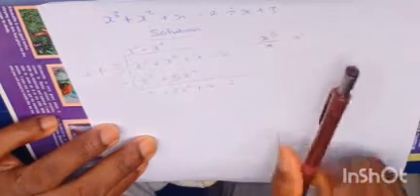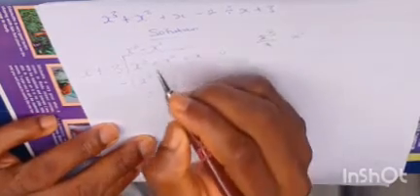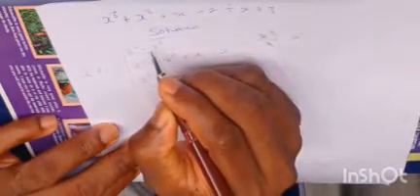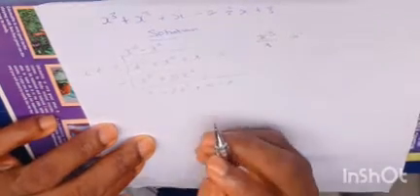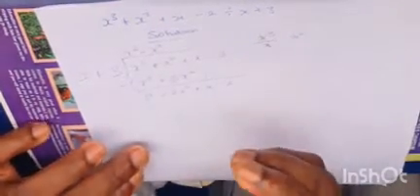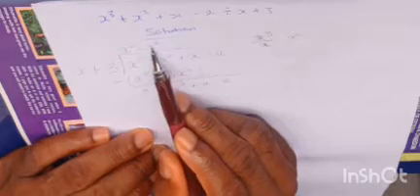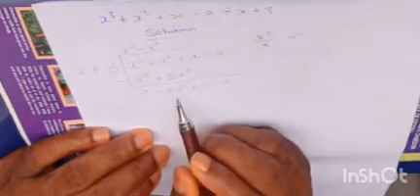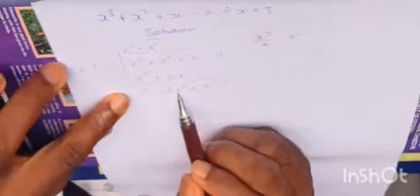Sorry, it's not negative x squared. We're going to have negative 2x squared divided by this, which is going to be negative 2x.